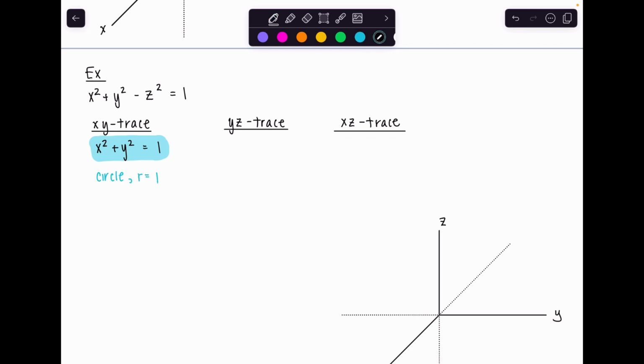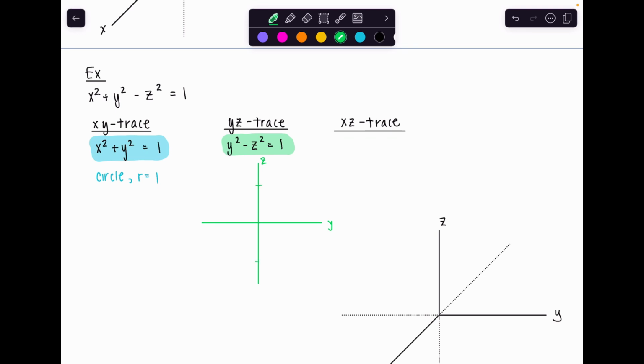Moving on to the yz, that gives us y squared minus z squared equals 1. So if you remember the shape of this, this is a hyperbola. And to just give you that quick refresher on a hyperbola, we're dealing with yz. The numbers underneath the y and z tell you the direction that it moves out in.